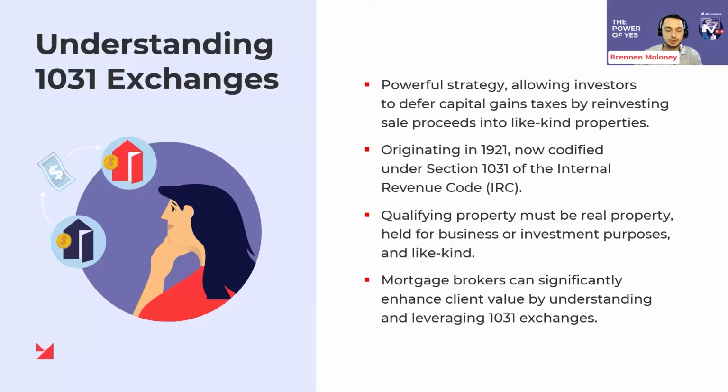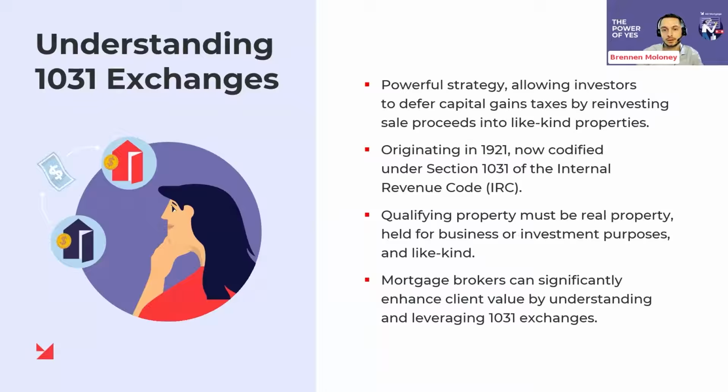So, for instance, you could do something like a multifamily property and go ahead and sell that and apply the 1031 exchange rules for an industrial building. Now, with that said, the majority of us here are residential lenders. So, going from an apartment building to a shopping center, those aren't really the transactions that are going to be relevant to us. However, there might be scenarios where you can take something such as a mixed use to a single family or things of that nature.